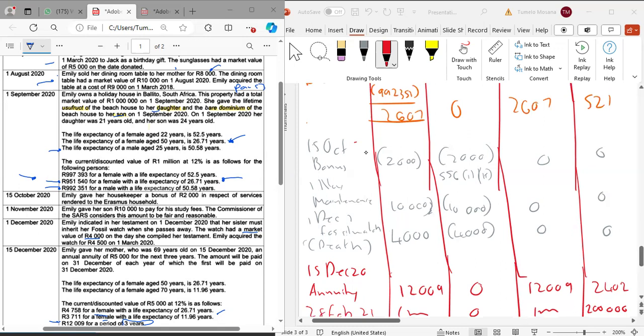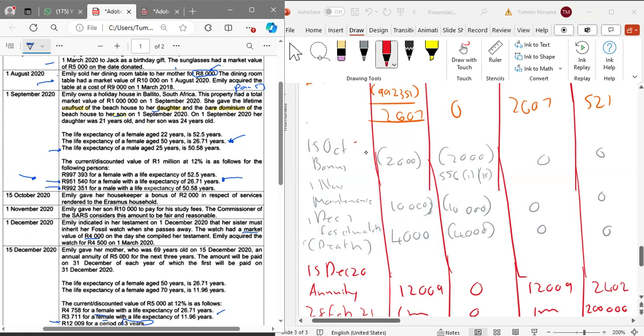Okay, the difference is that the mother paid 8,000, so the donation is deemed to be in the amount received, right? And then on the 1st of December, the watch had the market value of 4,000. So her sister did not contribute anything, right?